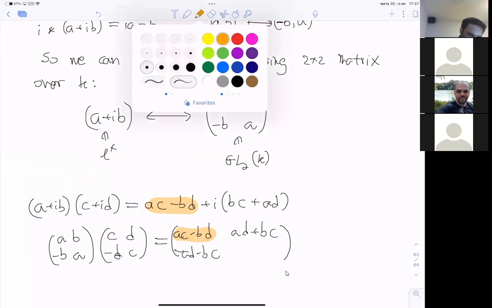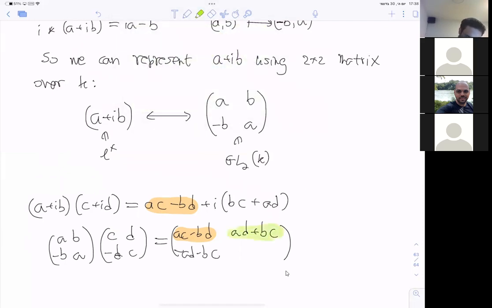Let's do it in some green. AC minus BD. Okay. So instead of writing some operator overloading, you can just translate any element in the extended field to a matrix element, and the computer knows how to multiply matrices.